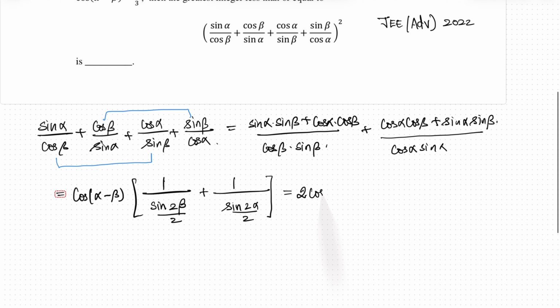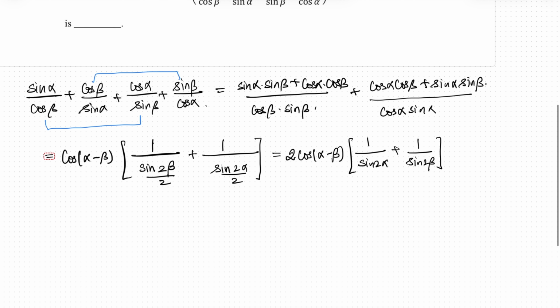So it is 2 times cos of alpha minus beta times (1 by sin 2 alpha plus 1 by sin 2 beta). Just to write it in order, this is 2 times cos of alpha minus beta times (sin 2 beta plus sin 2 alpha) over the product of sin 2 alpha and sin 2 beta.